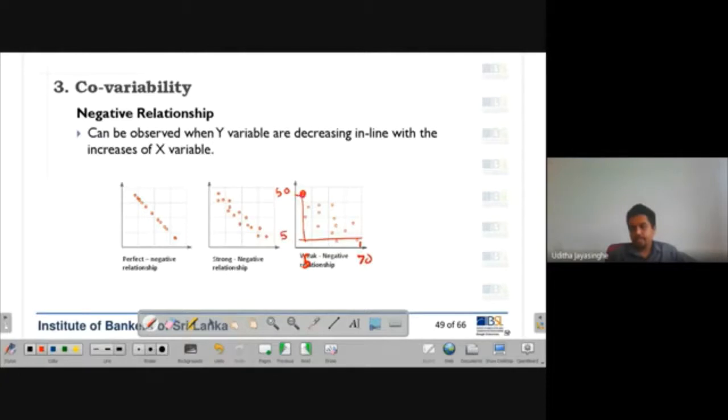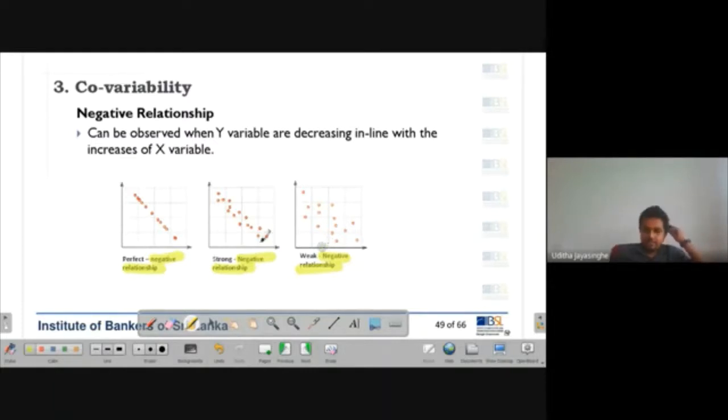See, your x is increasing and y is coming down. So in such instances, students, we can identify this negative relationship. That means when your independent variable increases, your dependent variable goes down to the other side.